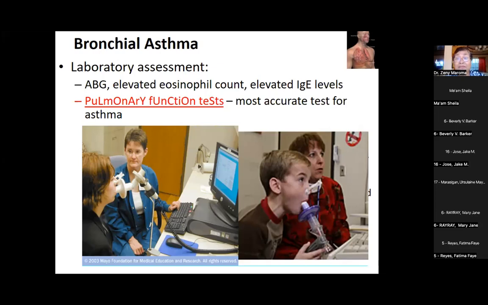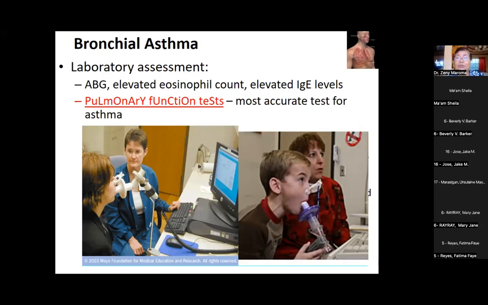Eosinophils also increase in the presence of allergy. The antibody responsible for hypersensitivity reaction is antibody E. And the most accurate test for asthma is the pulmonary function test. Most accurate test, pulmonary function test.